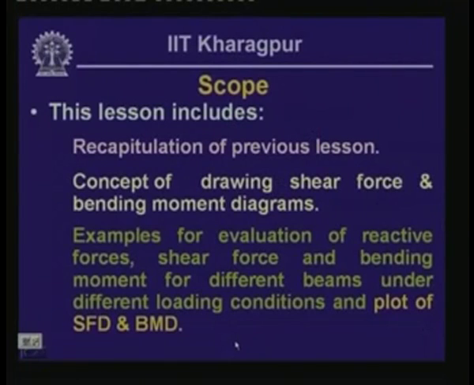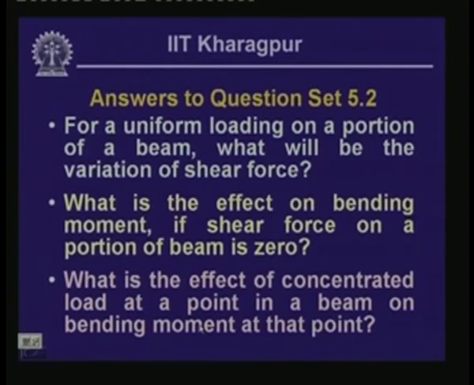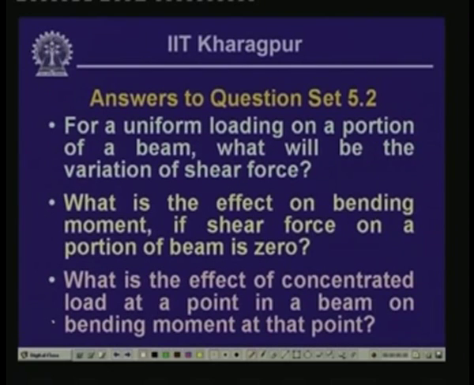Before we go into the details of shear force and bending moment diagrams, let us look into the questions which were given to you last time. The first question was that for a uniform loading, that means if a beam is subjected to a uniformly distributed load on a portion of the beam, then what will be the variation of shear force in that part of the beam.